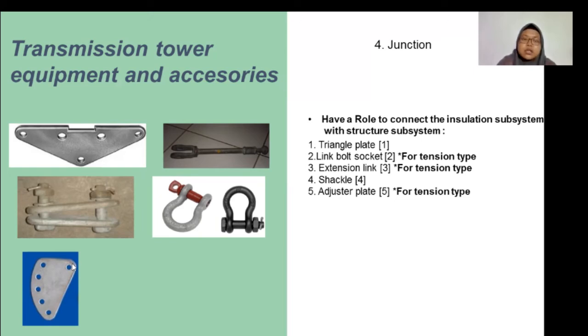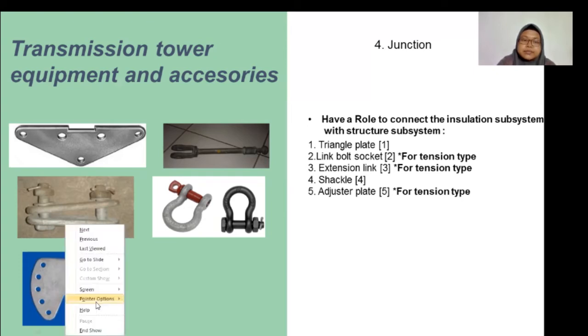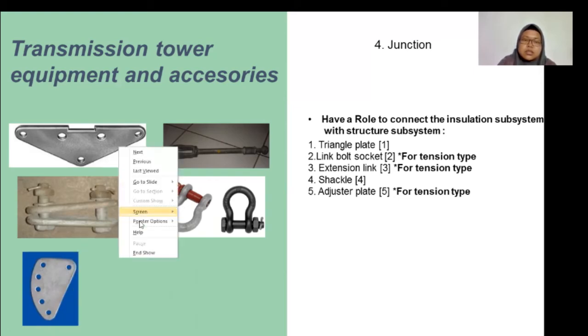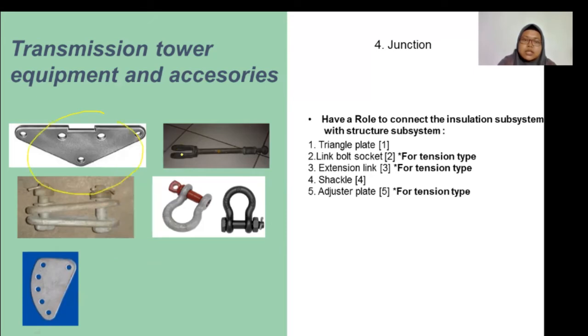This is triangle plate. And after that, this is link bolt socket. Link bolt socket is usually used for transmission tower tension type. This is used to connect the insulator socket and cool tube.